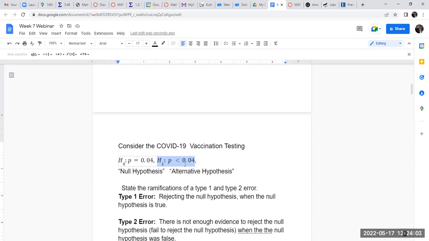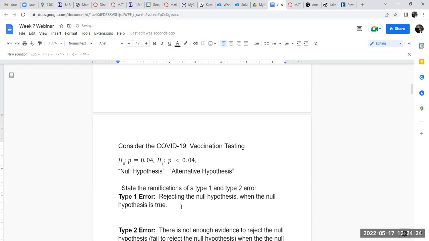And what's going to happen? They'll get COVID less than or equal to 4% of the time. So the idea is H naught was correct, but you decided it wasn't. This is a type 1 error. So in terms of the type 1 error, they approve the vaccine and give it to everybody, and 4% still get COVID.